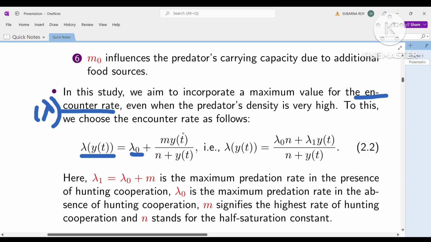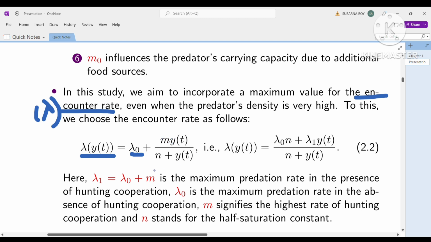As predator population increases, the encounter rate increases, but it has a maximum value, that is m. So lambda 0 plus m is the maximum encounter rate that can happen in this system.